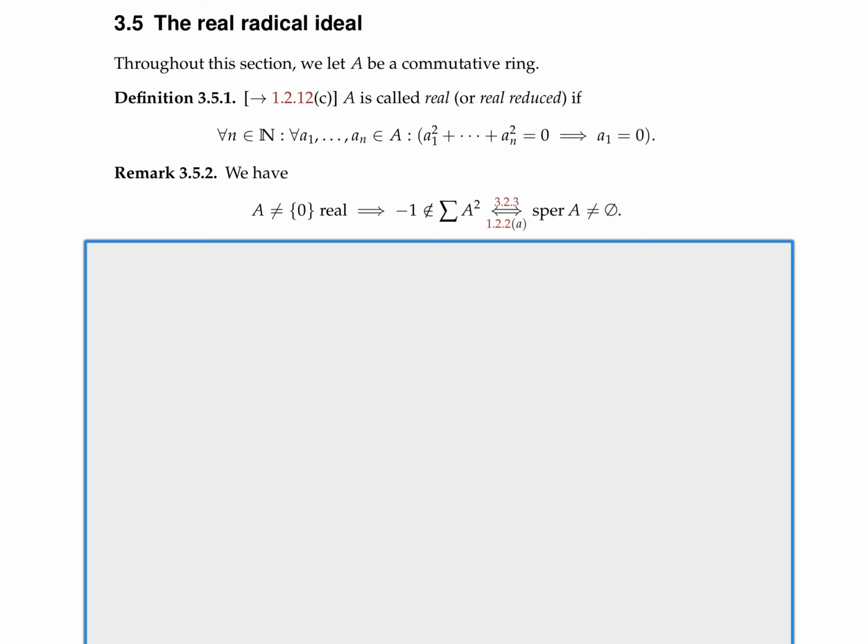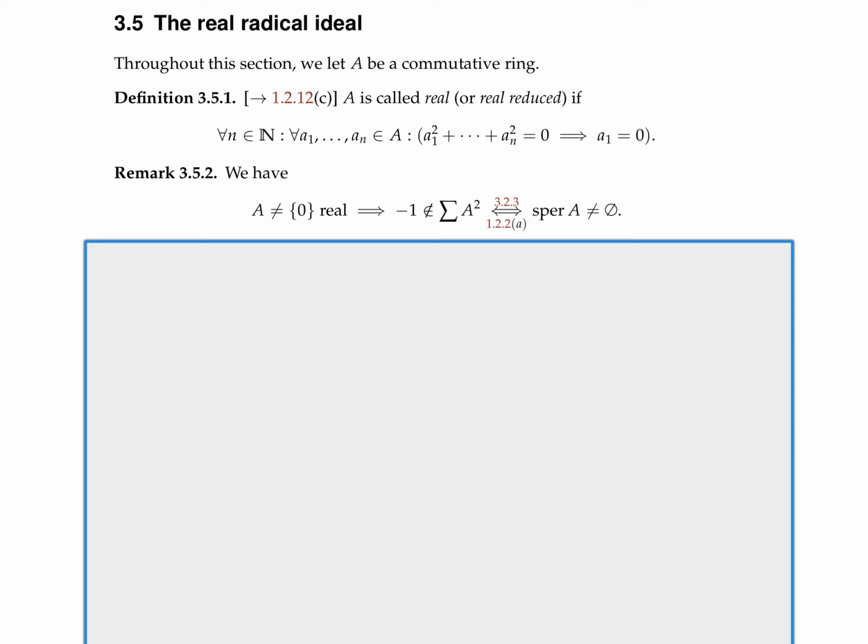Maybe the 0 ring, a ring with just one element, deserves also some considerations. What about the trivial ring consisting just of one element, 0 equal 1? In this case, of course, this condition is trivially satisfied, right? Because every element from A is 0. So that would be a real ring, right?